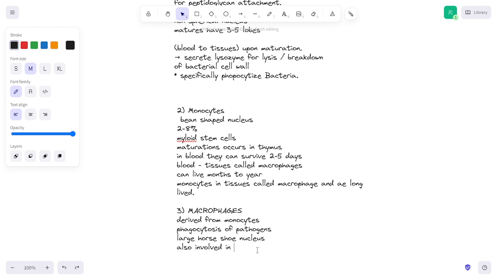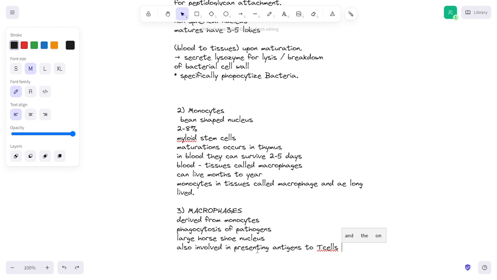Also involved in presenting antigens to T cells.